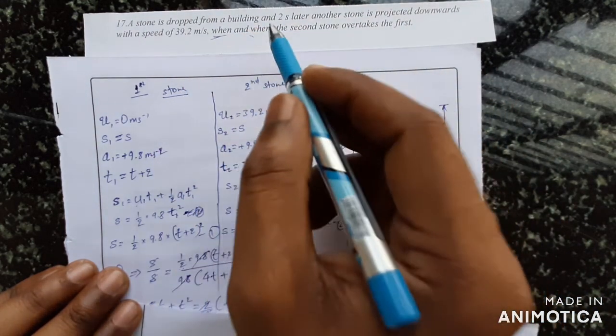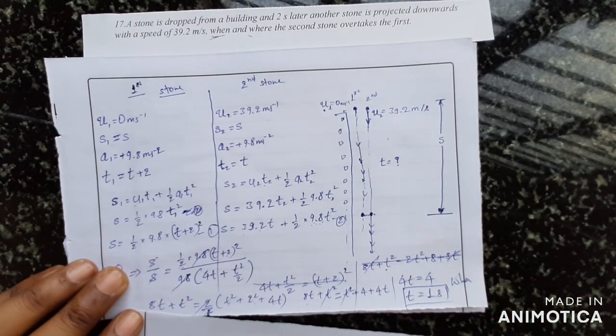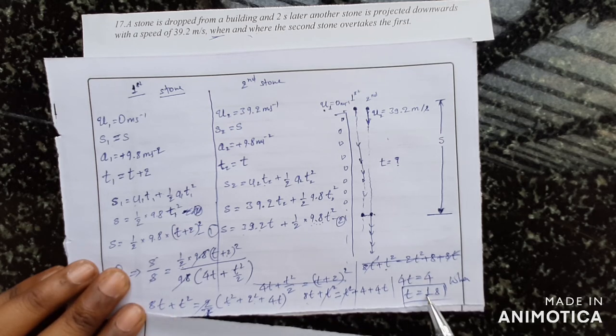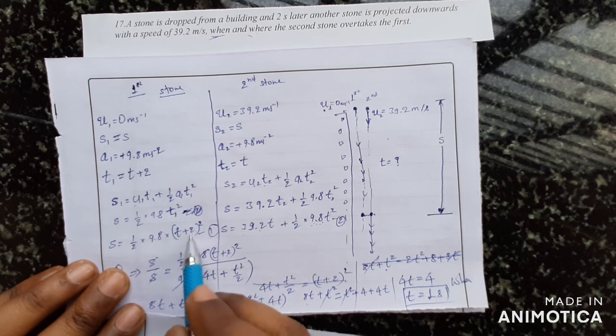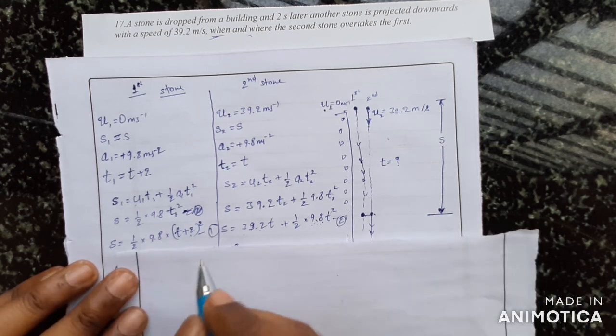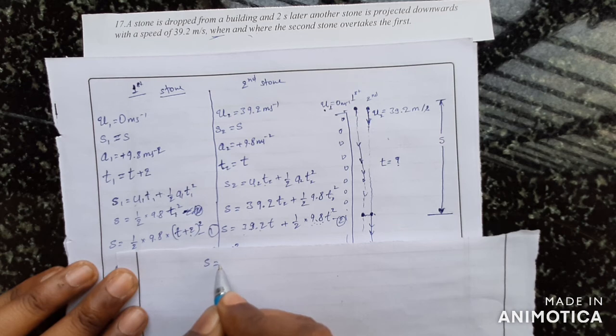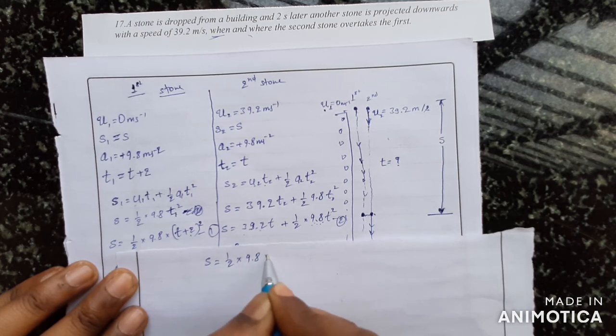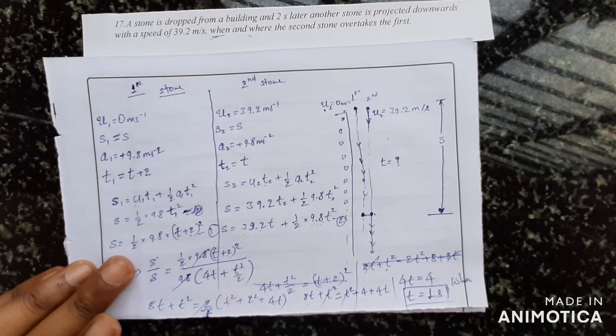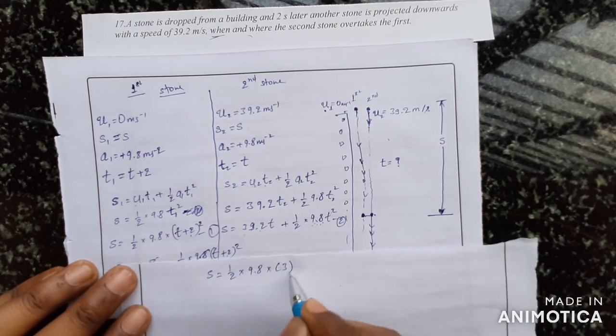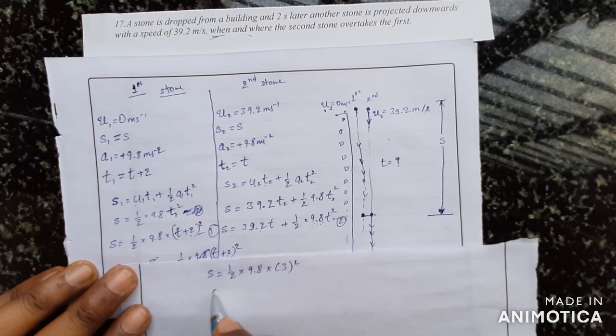Now we shall take where. Where means displacement. Very simple. You take the value of t and put it into any of these two equations. You will get the value of s. How do we do that? You take t is equal to 1 and put that here. So s becomes equal to half into 9.8 into 1 plus 2 is 3 squared. 3 squared is 9. 9 by 2 is 4.5 into 9.8.